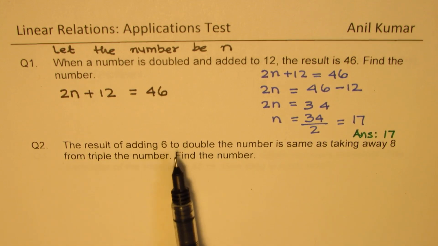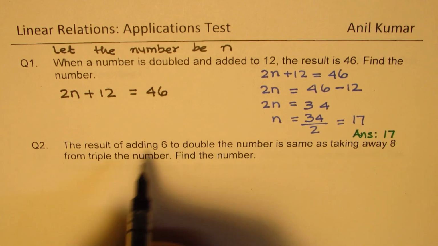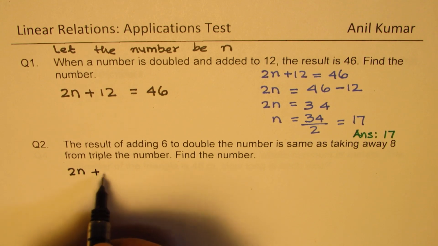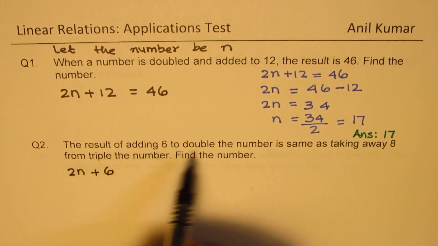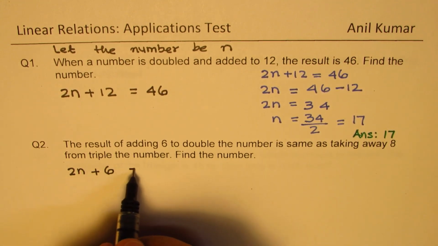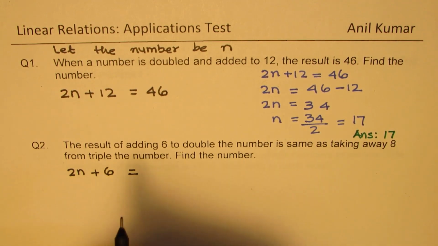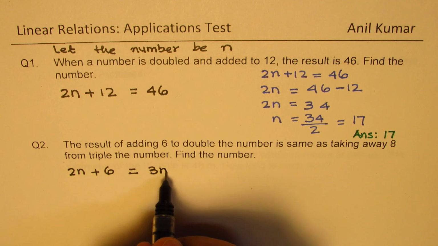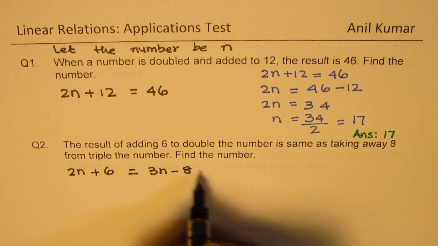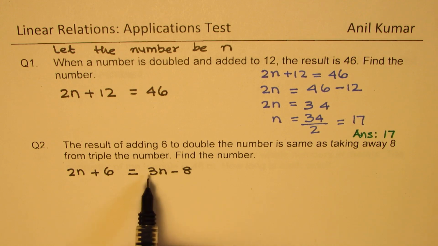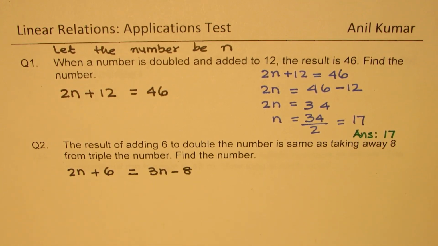Result of adding 6 to double the number means 2n plus 6. It is the same as, means equal to, taking away 8 from triple the number. Triple the number is 3n, and taking away 8 from it we write afterwards. That's very important to understand. Does it make sense to you?